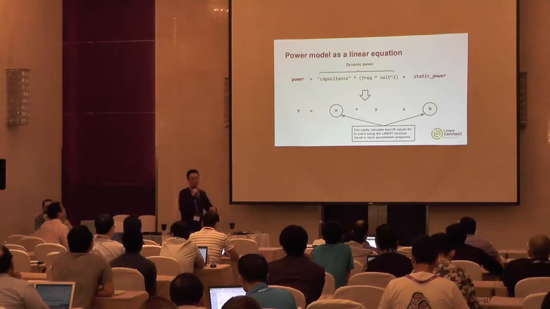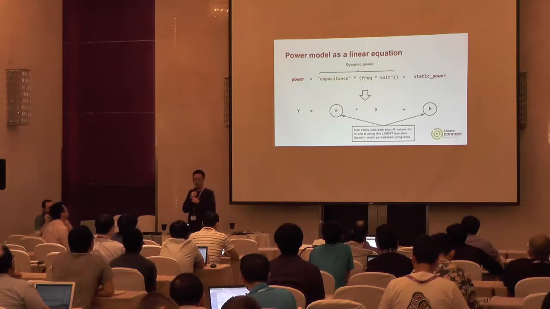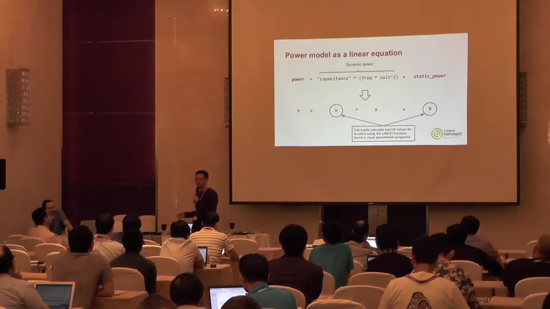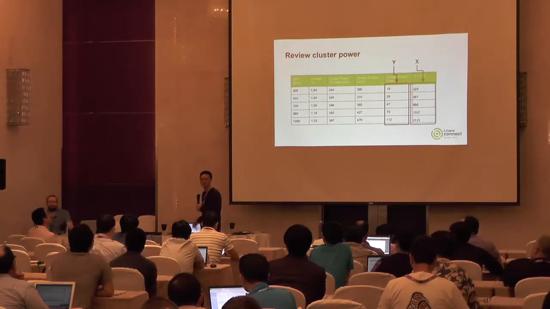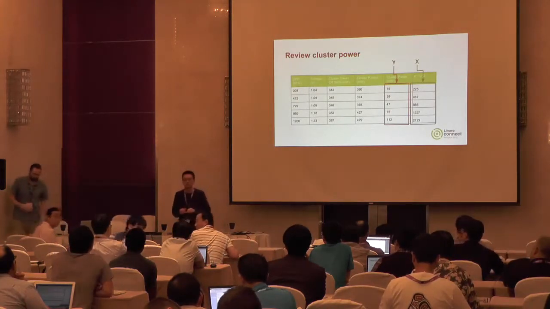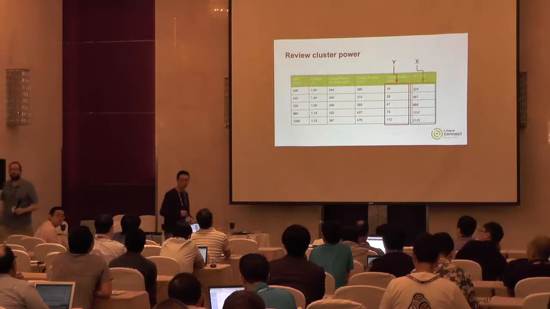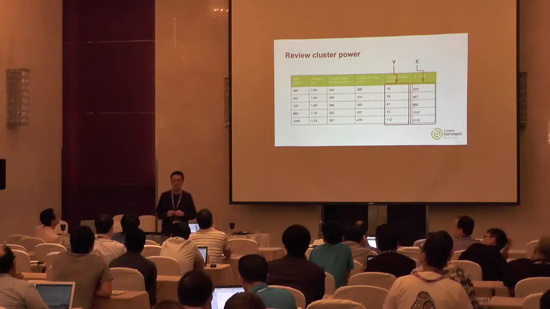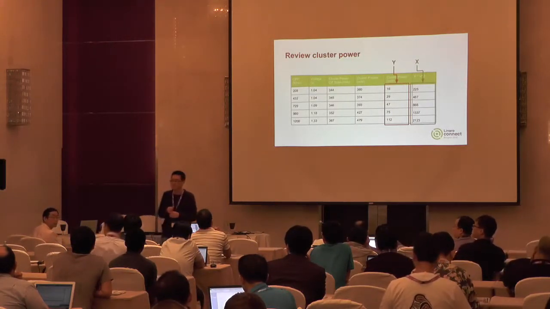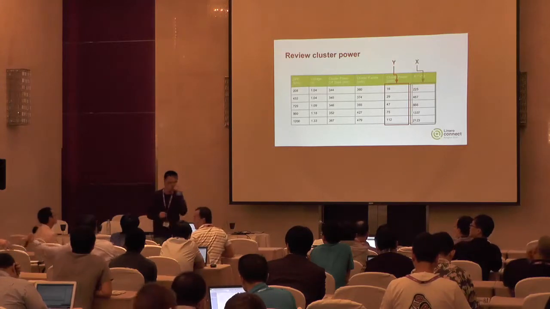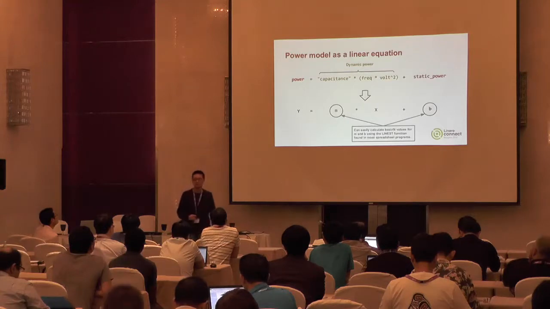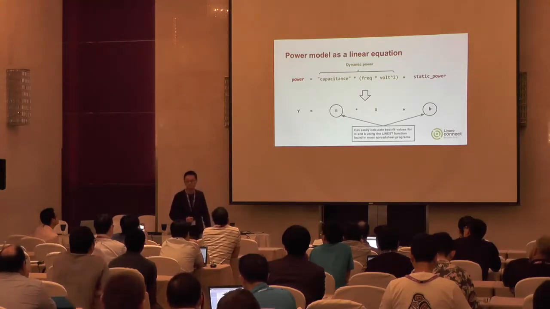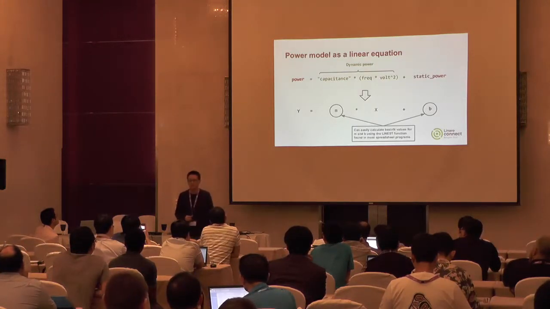Actually, Daniel introduced this methodology. So here was the capacitance in the previous slide. This one is a constant, right? Yes, but it's a function of the C. So what's your purpose for the second one? You're trying to use a linear equation to approximate the power?